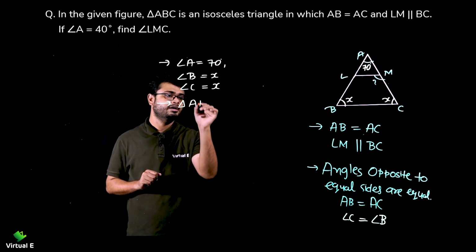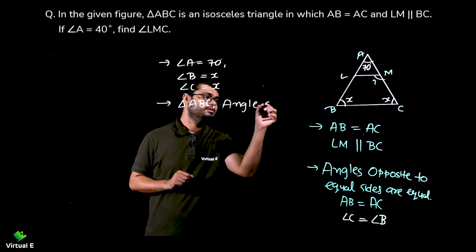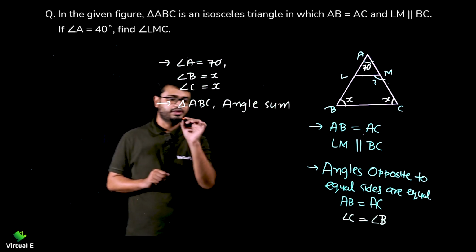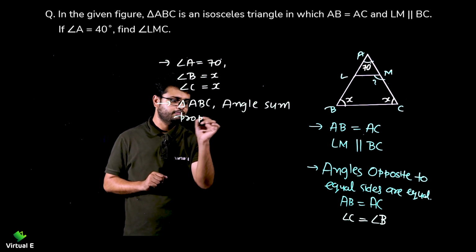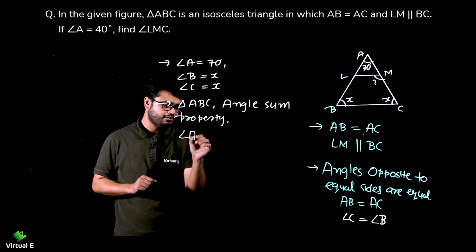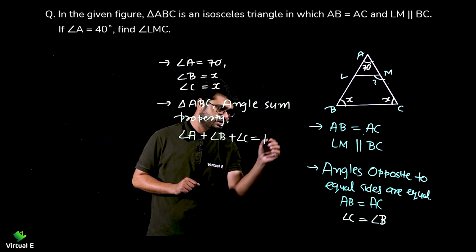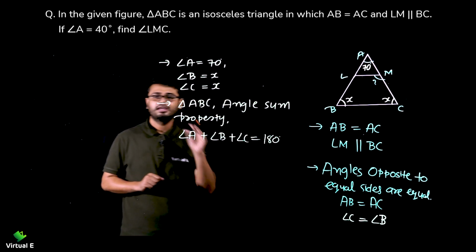Triangle ABC angle sum property, right? It means that if I add all the three angles, angle A plus angle B plus angle C is equal to what? 180 degree.